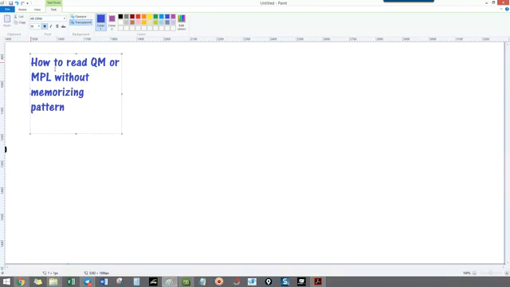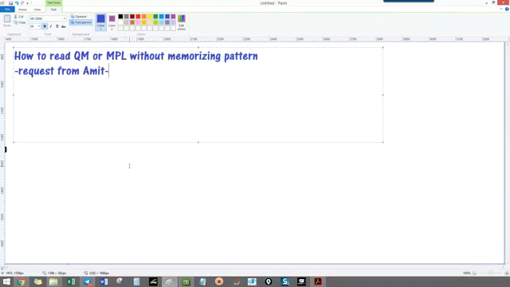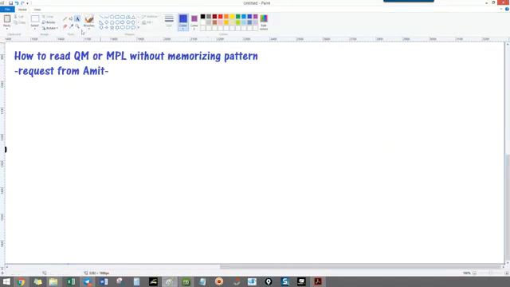This is a request: how to read QM or MPL without memorizing a pattern.